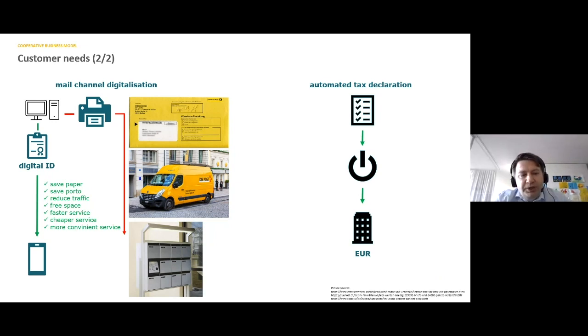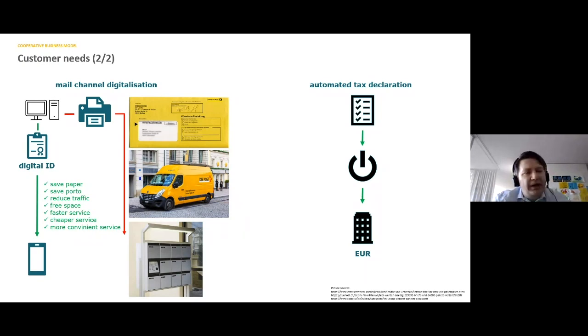The service will be cheaper and it will be much more convenient for everyone to get the mail on the smartphone if I'm on vacations and avoid any further troubles, not replying on a specific mail. And then, you can imagine not many people are a fan of tax declarations. So why don't we automate it? If I will give my data in regards to the tax declaration, why don't we automate that aspect?